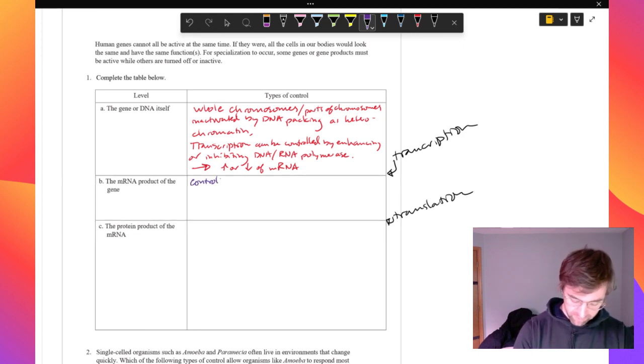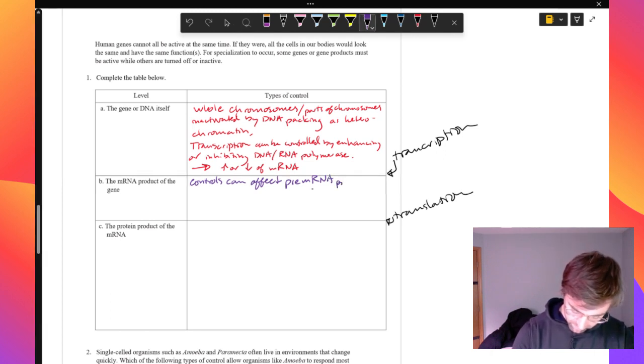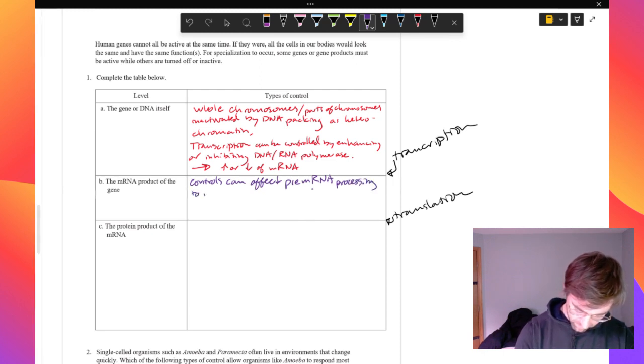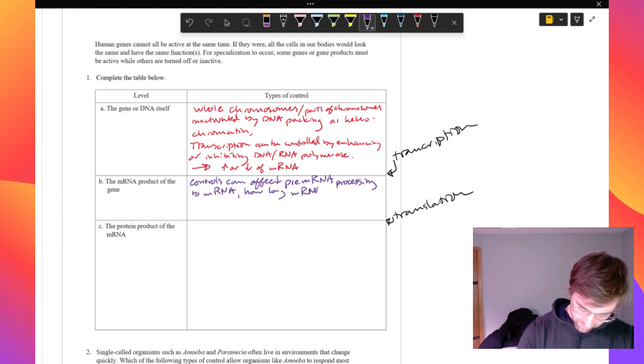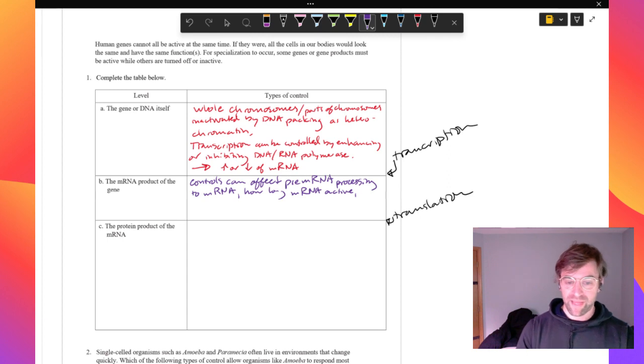So controls can affect mRNA processing to mRNA, how long mRNA is active, how long mRNA is active in translation, and whether mRNA is capable of attaching to the ribosomes and being translated.